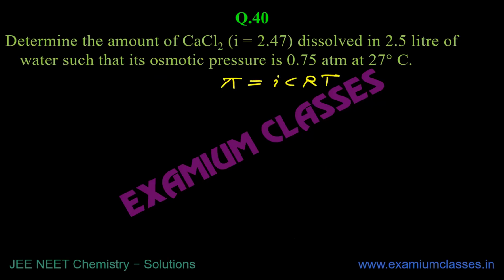You remember the formula: pi equals iCRT. i is given, volume is given. You have to determine the amount. So you can write pi equals i times concentration, where concentration is number of moles divided by volume, times RT. And this number of moles is given mass divided by molar mass.